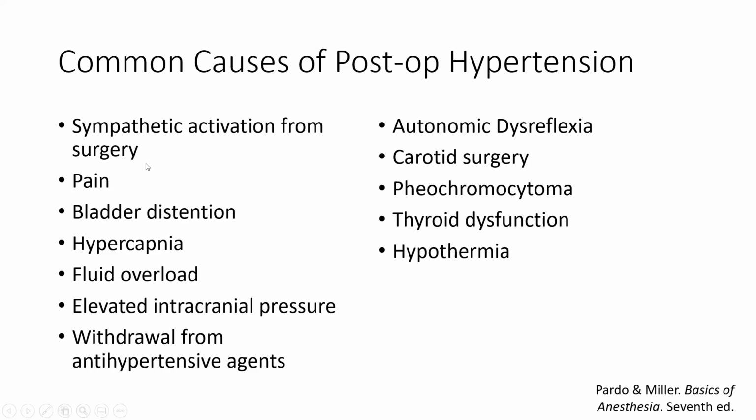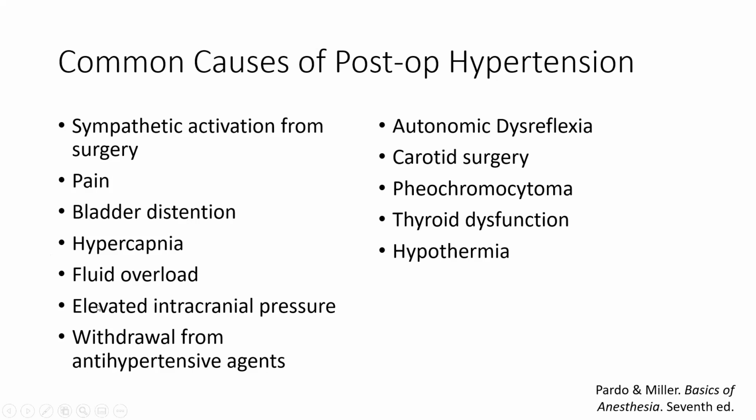You can also see problems if you have a patient with severe urinary retention and their bladder is distended: you not only have pain or nociception, you can have increased renin secretion through that as well. Or if you have a patient who got a lot of fluid resuscitation or is not tolerant of a lot of fluid resuscitation, they can have hypertension as a result of fluid overload.